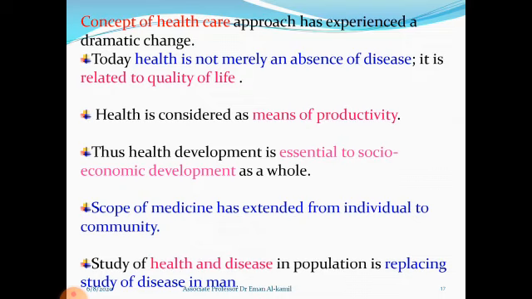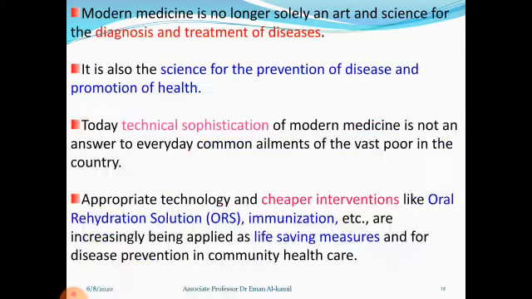So the scope of medicine has extended from the individual to the community. Rather than dealing with an individual patient, we deal with the community as a whole. So the study of the health and disease of the population is replacing the study of disease in man. Rather than concerning ourselves with one individual, we are concerned with the health of the whole population.